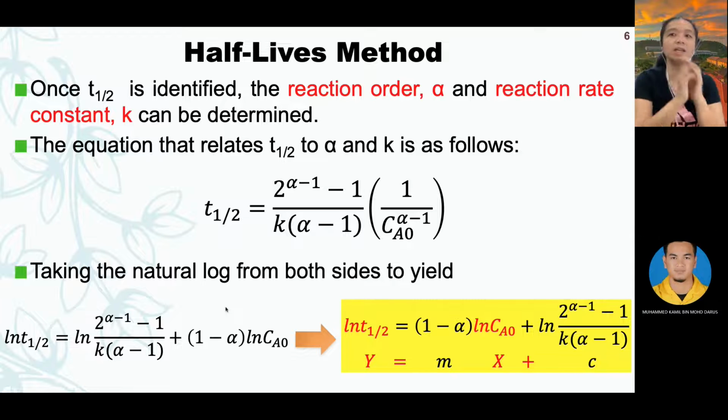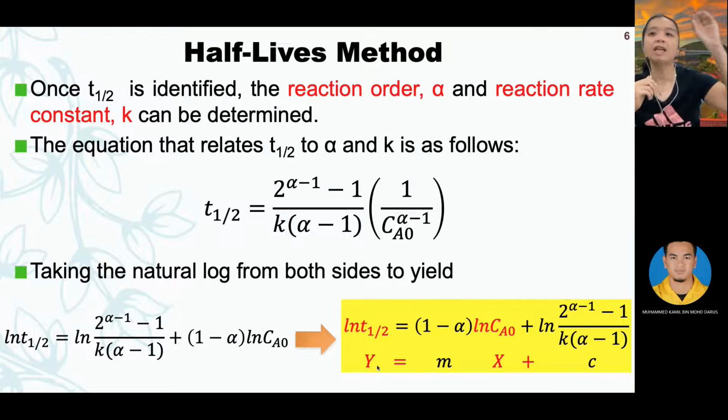Ni saya buat eksperimen, saya ada data CA0, saya ada data T half. So you can see from this equation, the ln T half tu boleh menjadi data paksi Y saya. So meaning data eksperimen saya T half, right? Tapi kalau saya ln-kan T half itu, saya dah dapat data untuk paksi Y. Means point saya tu, saya dah tahu dah untuk data paksi Y dia.